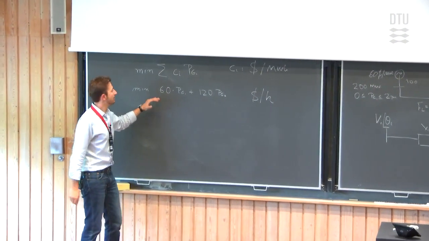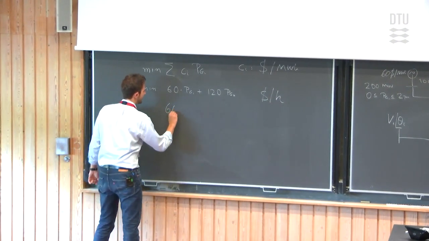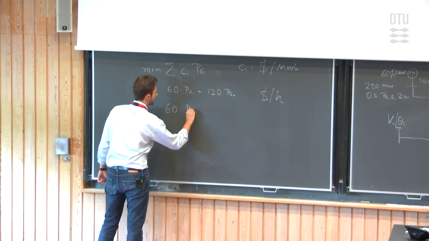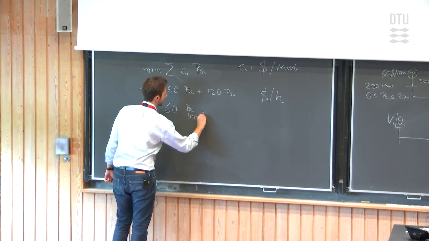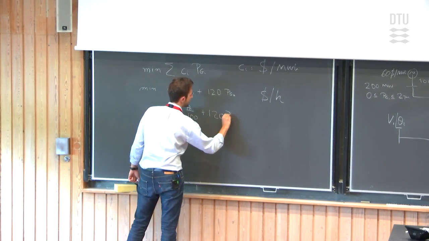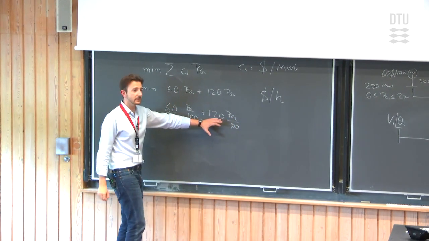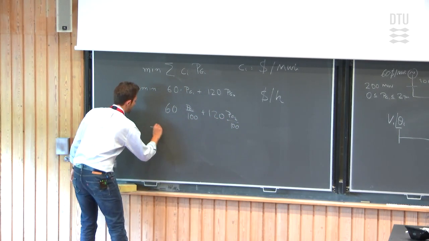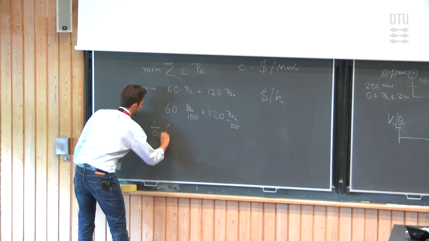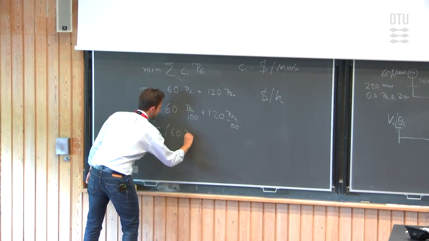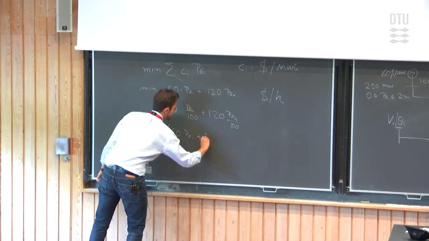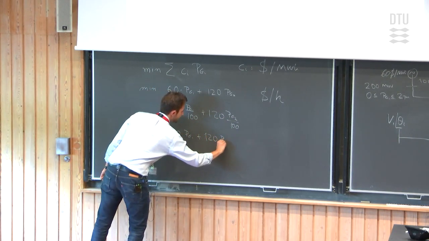right? But I can also have 60 times PG1 over 100 plus 120 PG2 over 100. Now this is my per unit. I can have 1 over 100 times 60 PG1 plus 120 PG2.